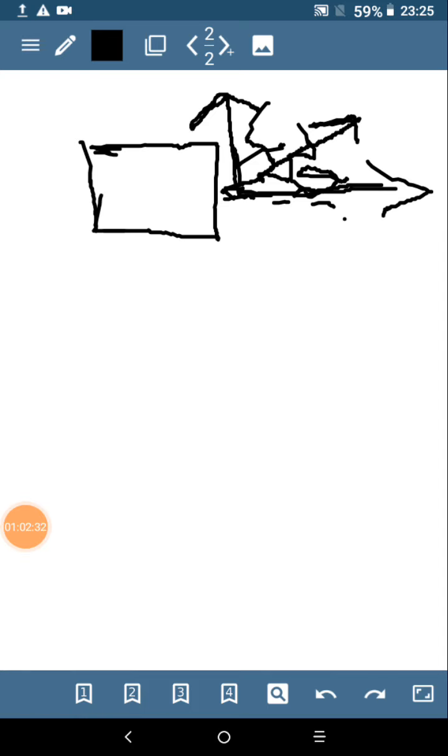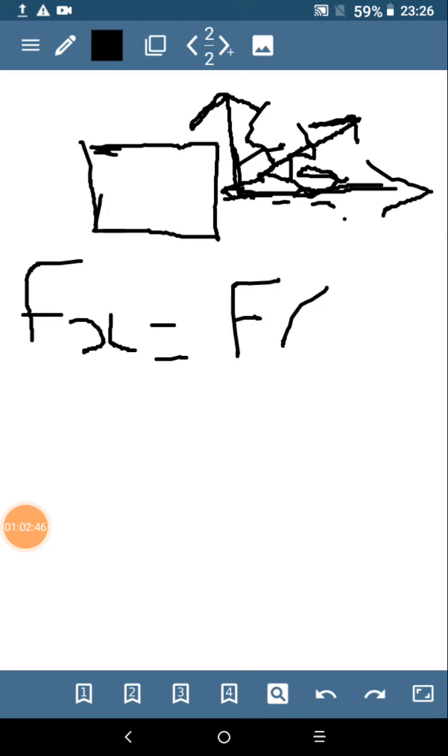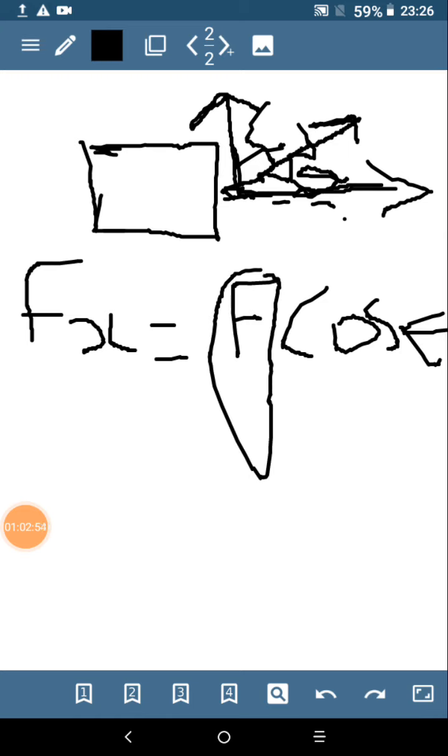Let's start with the horizontal component of the force, which I'm going to denote as Fx. The equation for Fx is given as F cos theta, F being the magnitude of the force acting at an angle.